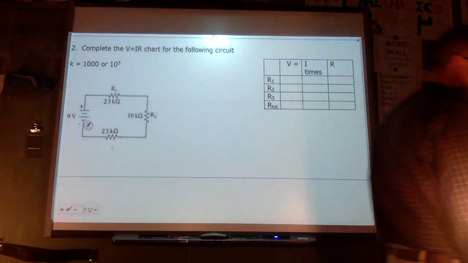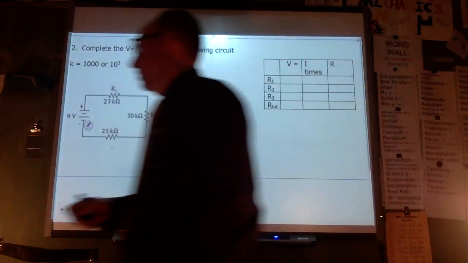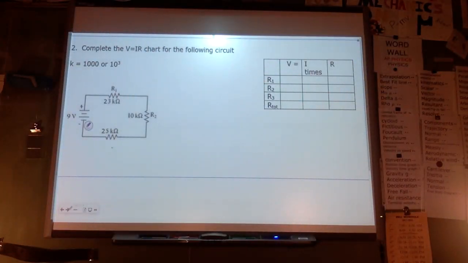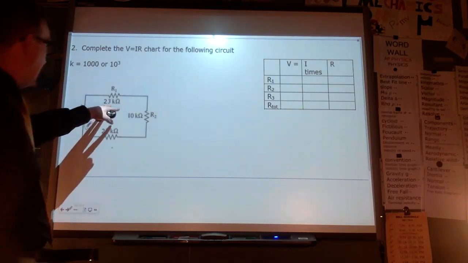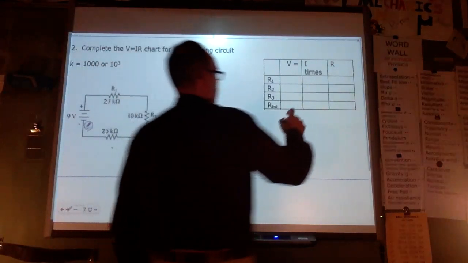All right, so this one has three resistors in series with each other. So they share a path. This one's easier. So first thing, I'm going to put my resistances into my chart and my voltage.